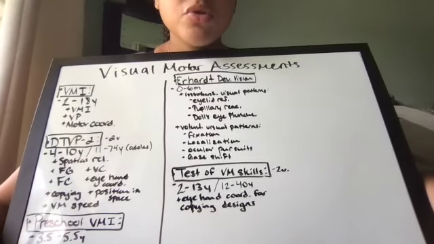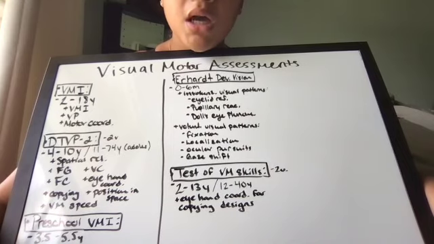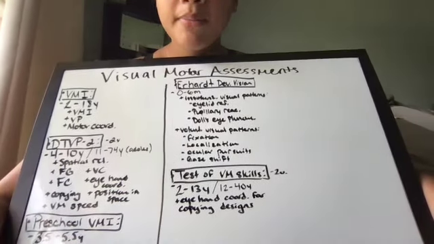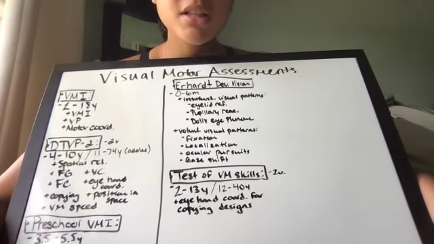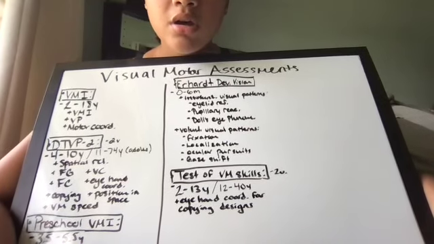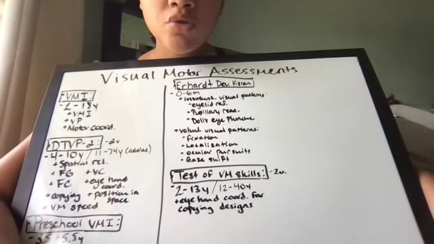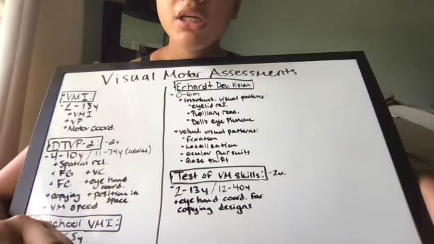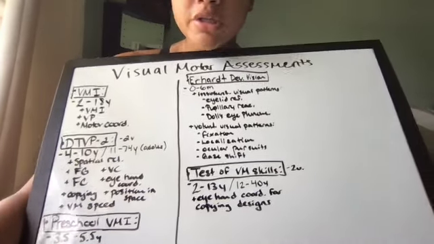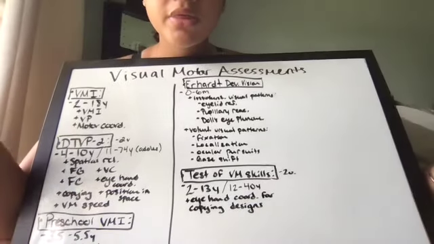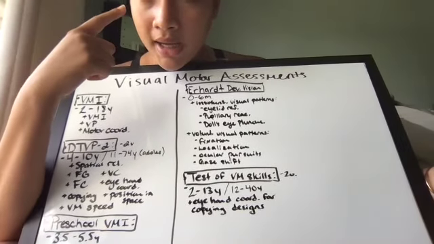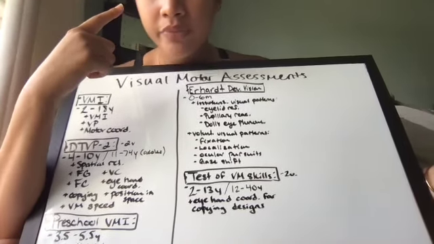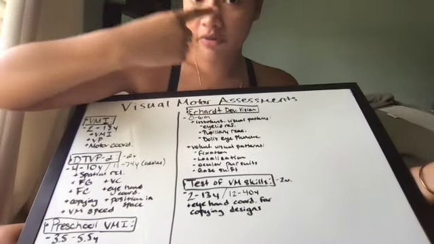Accommodation issues, where they have difficulty focusing on objects that are close up, and the consensual light reflex. This one has to do with cranial nerve 2, the optic nerve, and cranial nerve 3, the oculomotor nerve, injuries. This is where you shine light in one eye, and this is supposed to result in constriction of both eyes.